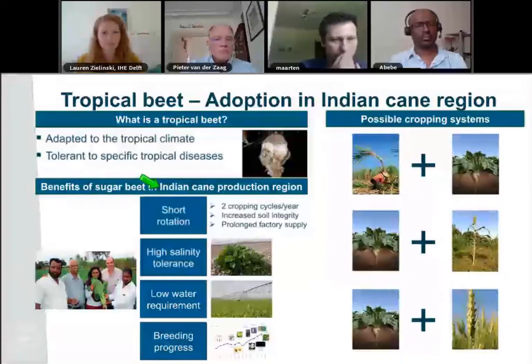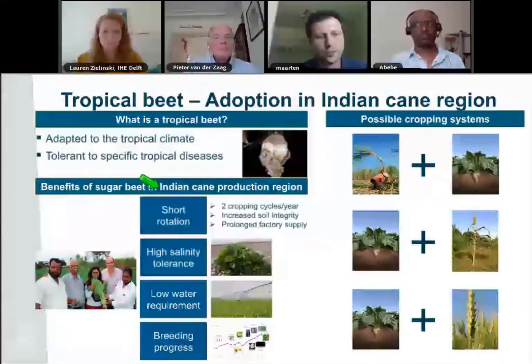So the feedback that we get from the farmers in India that have adopted our crop and started growing it is the short cycle. So with a cycle of 5 to 6 months in a subtropical or tropical region, you can achieve 2 cropping cycles a year. And the fact that you rotate crops also contributes to the maintenance of good soil quality, good soil integrity, which they also appreciate.